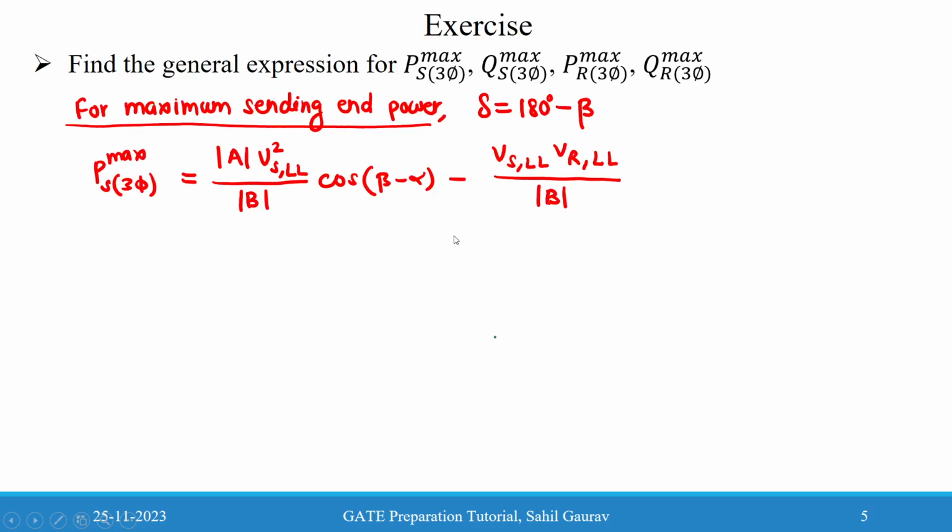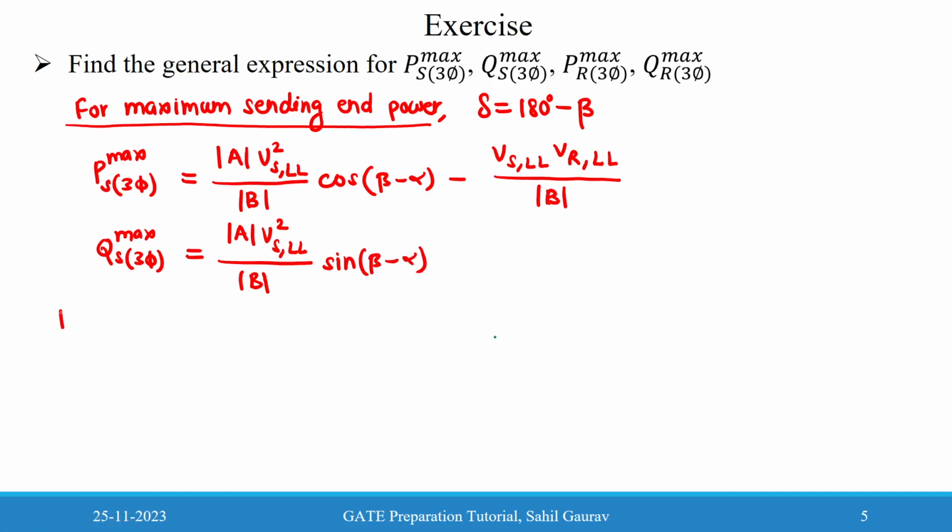And for QS three phase max, this will be mod A Vs LL square divided by mod B sin(beta minus alpha).